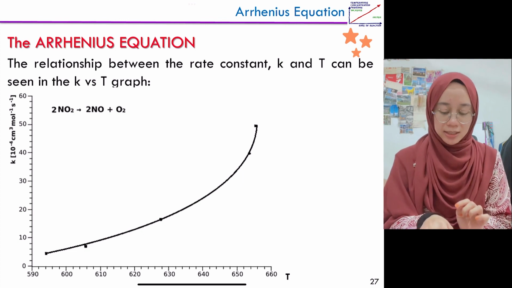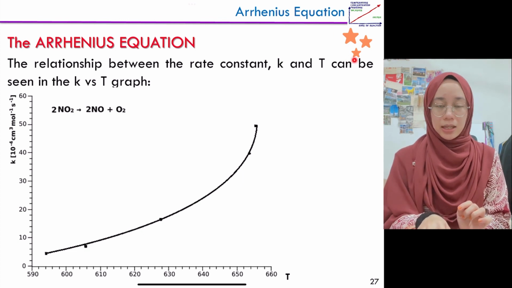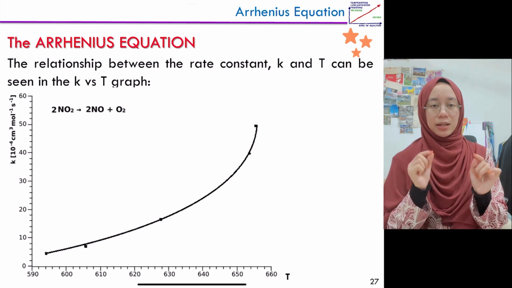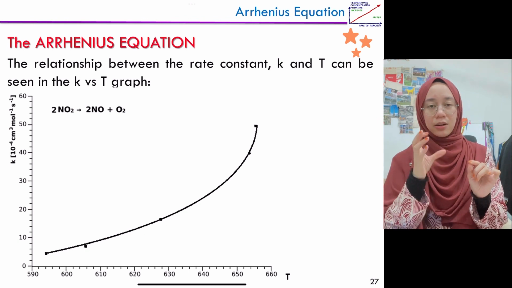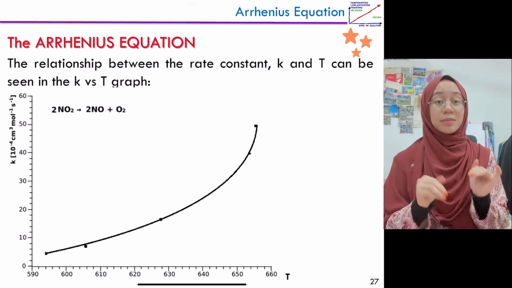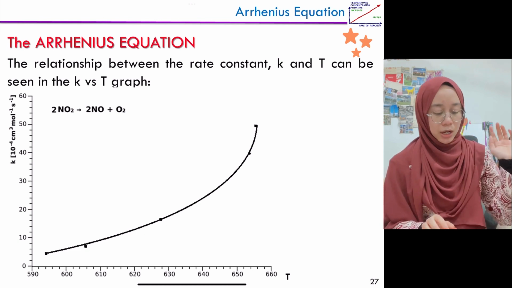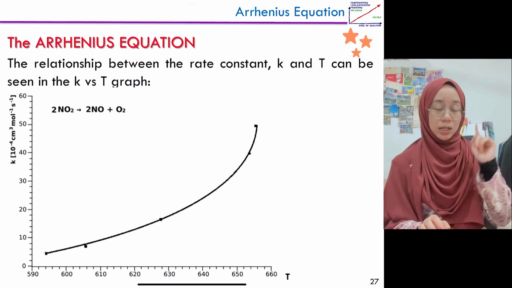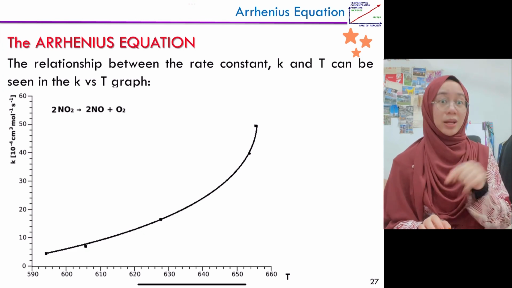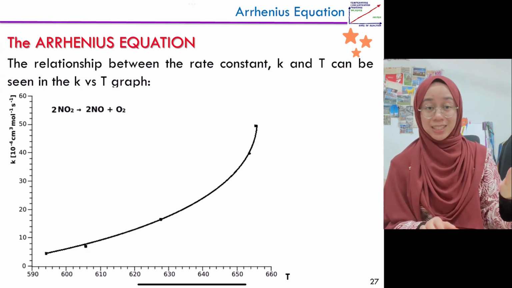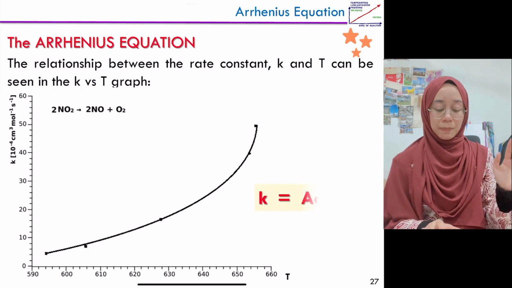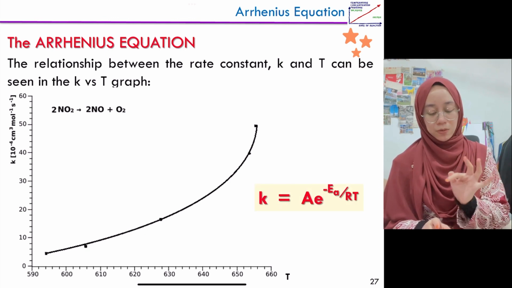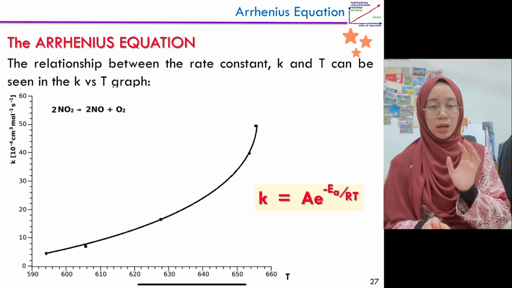So as you can see class, there's a star here because there's a slight change on this particular slide. So from the graph, we can see that as the temperature increases, the K increases. This is what we get from the formula K equals A e to the power of negative EA over RT.